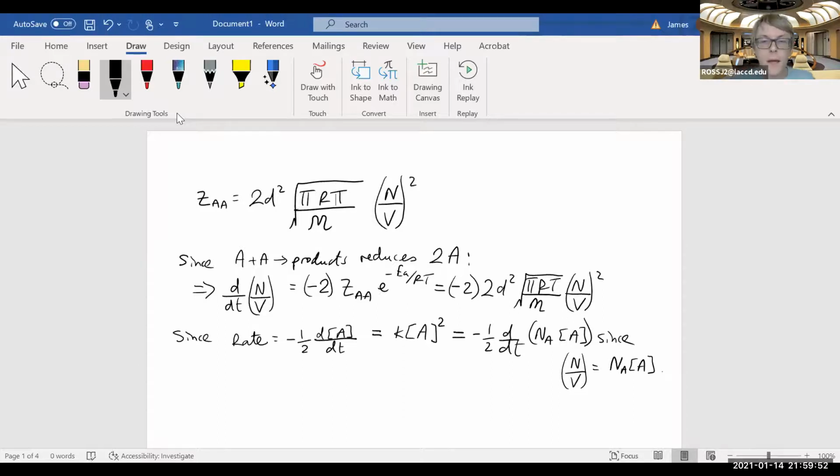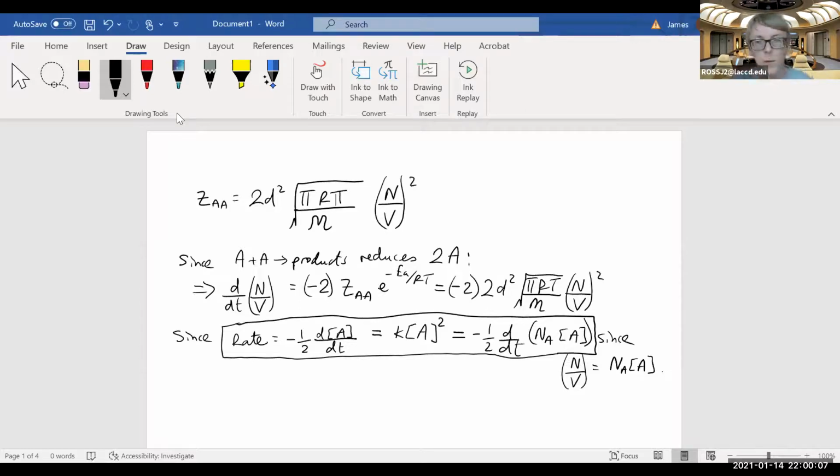Okay, so we've got these equivalents here, which will help us, hopefully. Okay, so let's see.